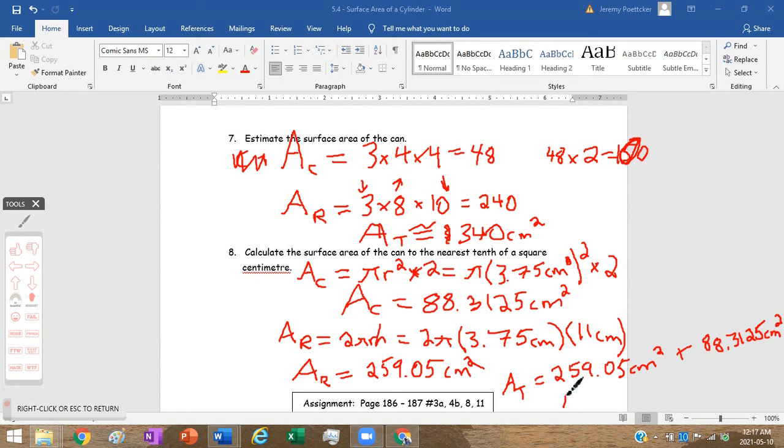And I'll get that on my calculator. 259.05 centimeters squared plus 88.3125 centimeters squared. Grand total of 347.3625 in my calculator. Now I am told to round to the nearest tenth. So that's going to be 347.36. That rounds up to 347.4.